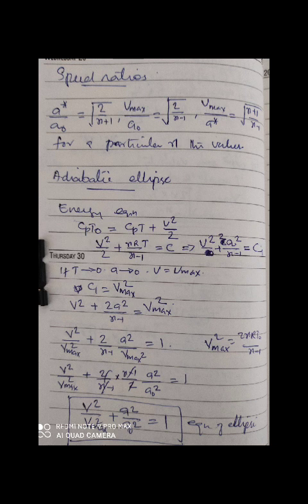One is A star by A0, the ratio of characteristic speed of sound to stagnation speed of sound. If you put in the values, you will get root of 2 by (gamma plus 1). Similarly, Vmax by A0 is equal to root of 2 by (gamma minus 1), and Vmax by A star is equal to root of (gamma plus 1) by (gamma minus 1).